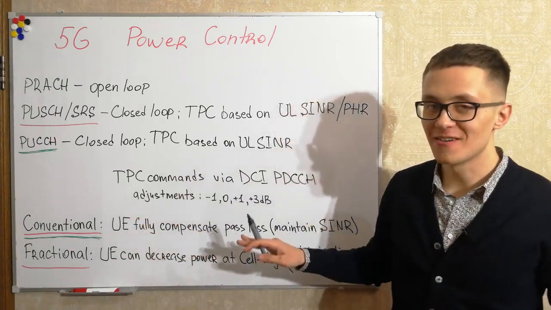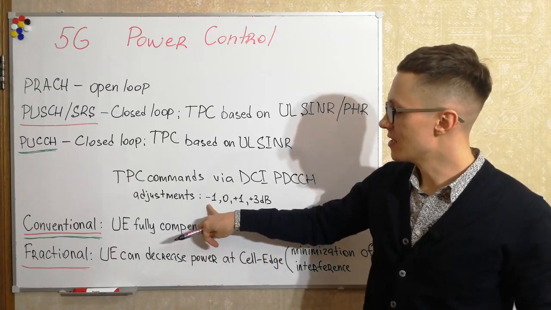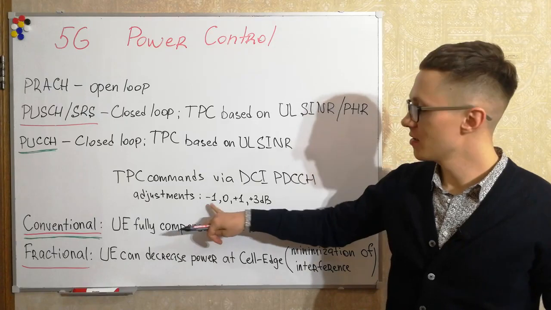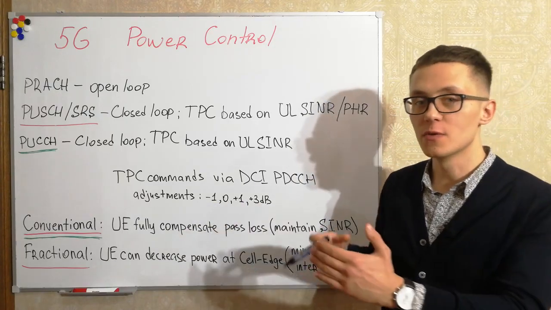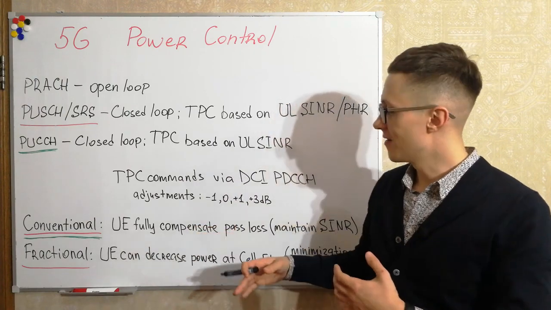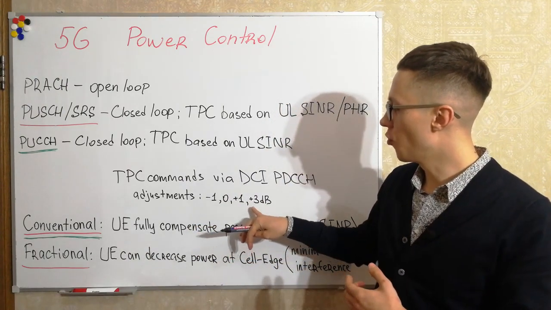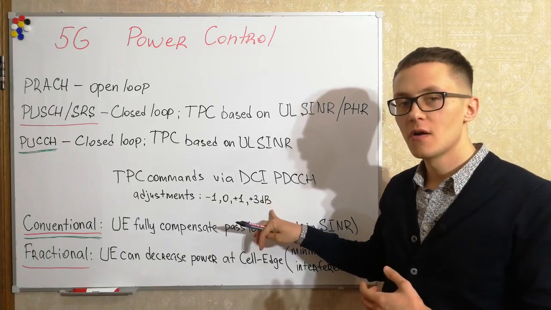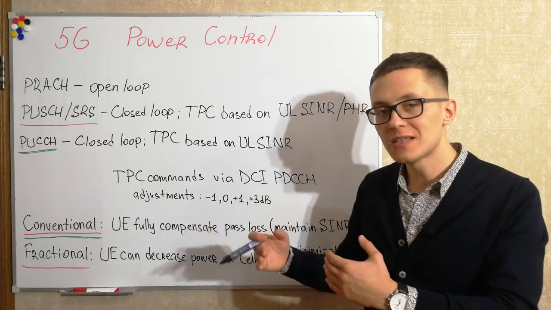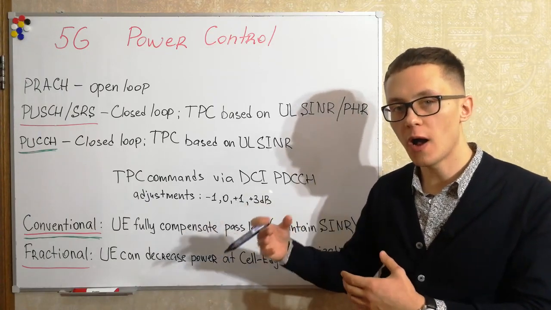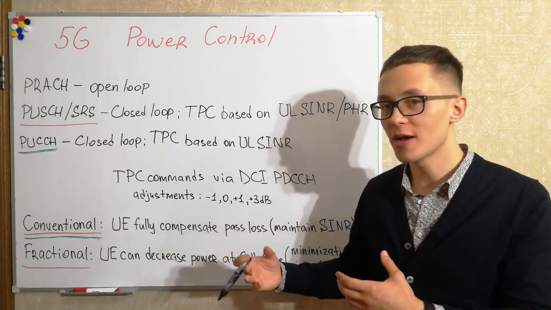This is very interesting, I think, because adjustments can be from -1 to +3 dB, I mean, in one step. That's very interesting because for increasing, we can add more power for one step, for one iteration.